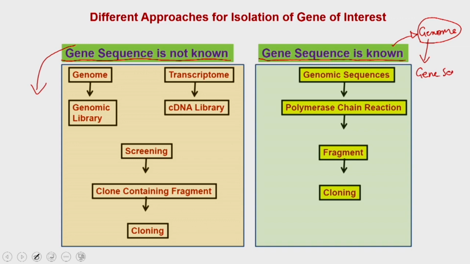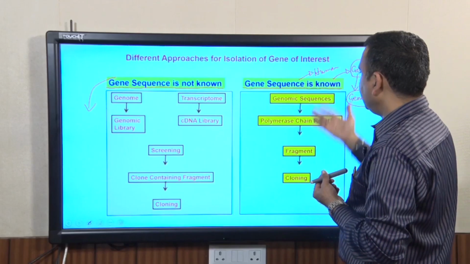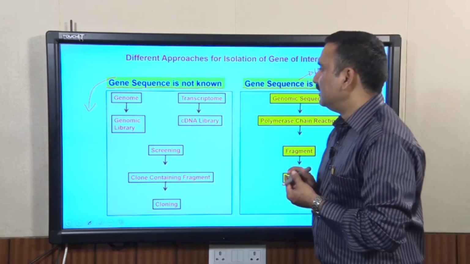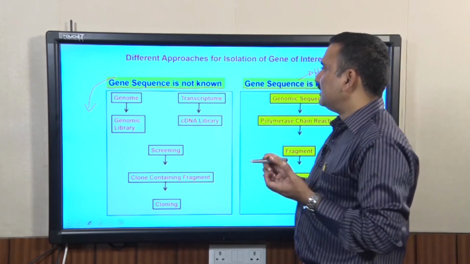There are a couple of examples in this category: humans, E. coli, many bacteria, Mycobacterium tuberculosis and so on. This pool of information is increasing over time, and that is why people use this approach more often nowadays compared to the approach where the gene sequence is not known.